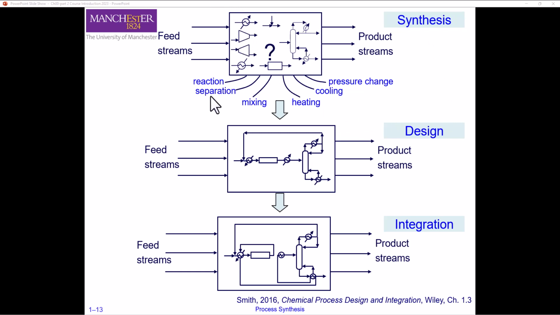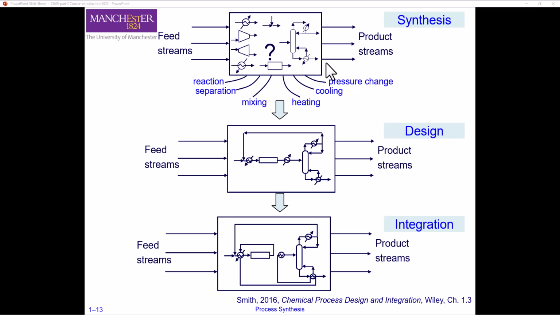For example, we have reaction, separation, mixing, heating, cooling, pressure change, and then how we can best connect these equipments. Obviously, we can have alternative ways of connecting different equipment to get the final product.